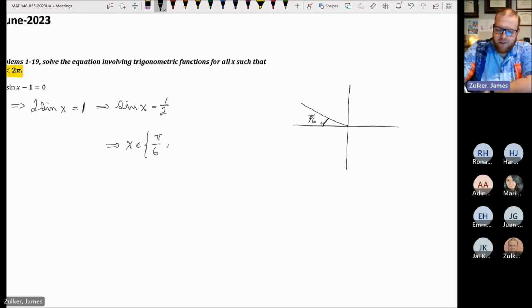And so we know that this angle here has to be pi over 6, right? So then what is that angle? It's 5 pi over 6.